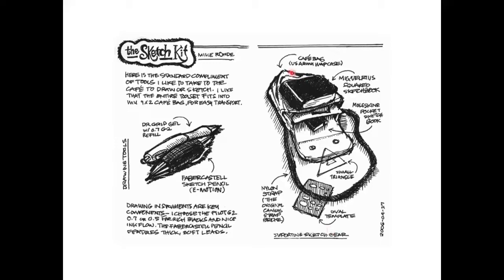So, he says, we have the sketch kit here, the standard complement of tools to draw a sketch. And he says, you see, I like to take it to draw a sketch. You see, we get back to one of the important academic activities, drinking coffee, and that is how this cafe comes about.